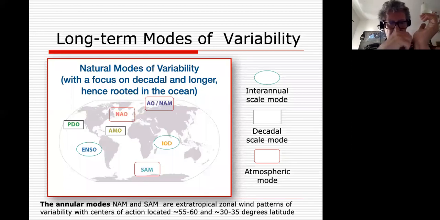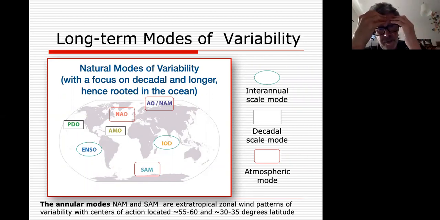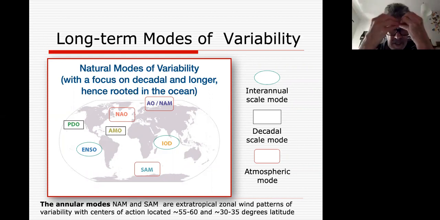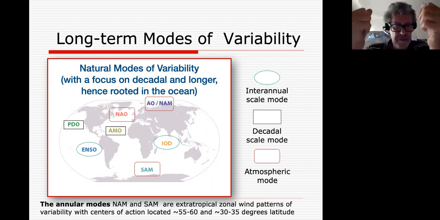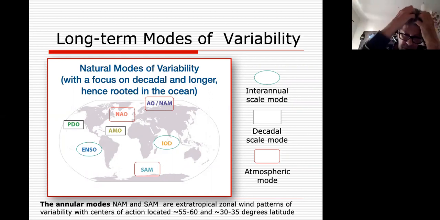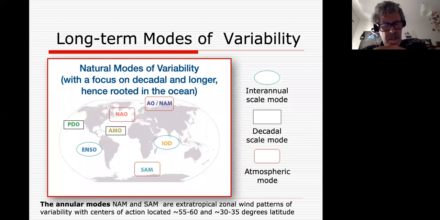We see, when we explore this long-term mode of variability of the ocean, that to NAO is ascribed largely the variability of the North Atlantic, but we've seen not only that; also the Mediterranean, for example, responds to NAO long-term variability.